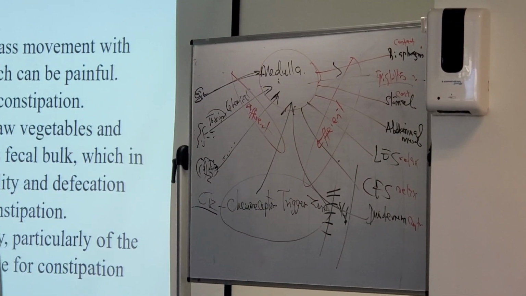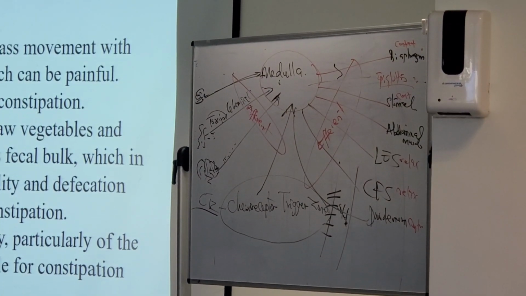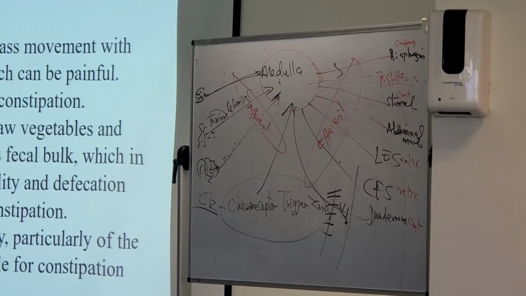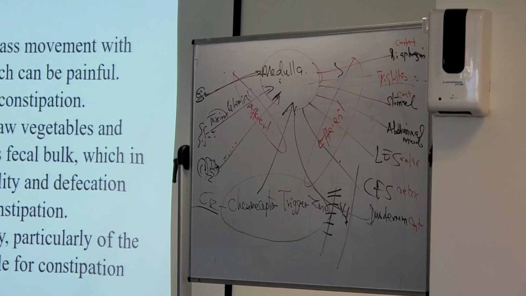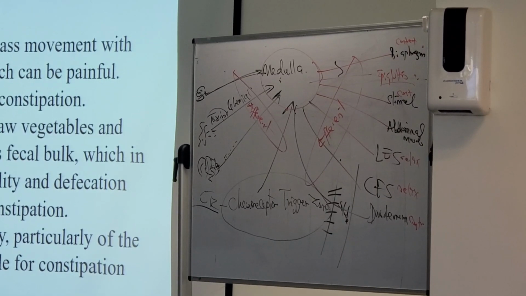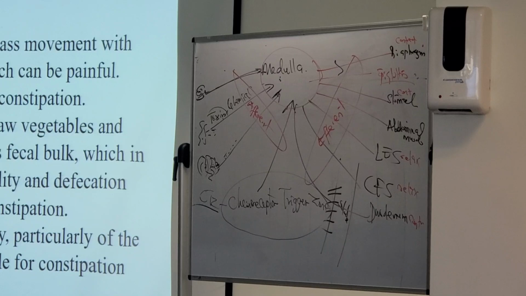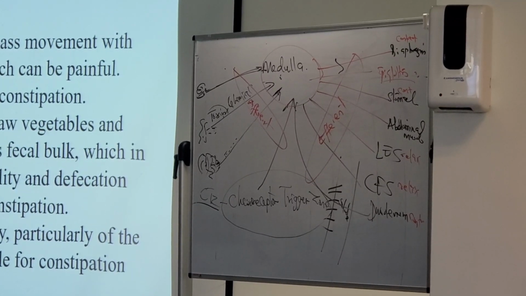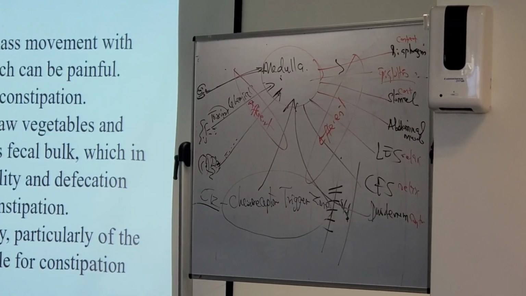So when the medulla receives this sensory input, it will do what? It will now give out a motor control to all of those muscles. Some will relax, sphincters will relax, muscles will contract, and then there will be antiperistalsis.